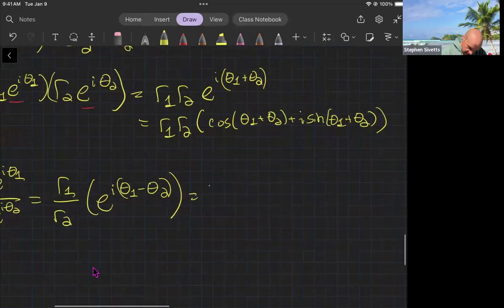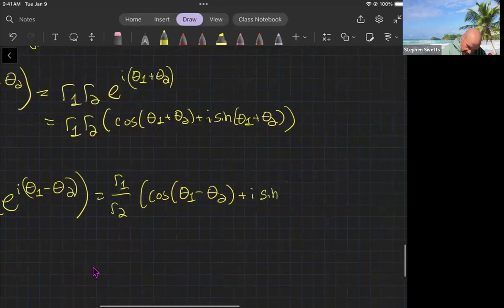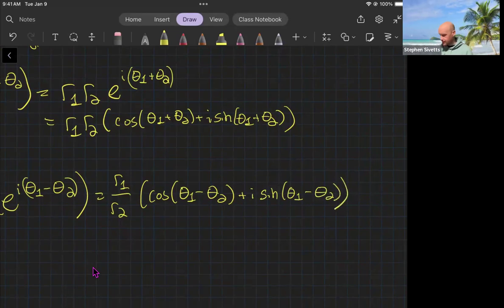And so this equals R1 divided by R2 times cosine of theta 1 minus theta 2 plus I sine of theta 1 minus theta 2. Okay. All right.